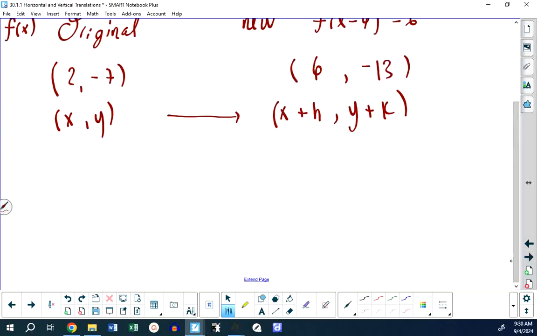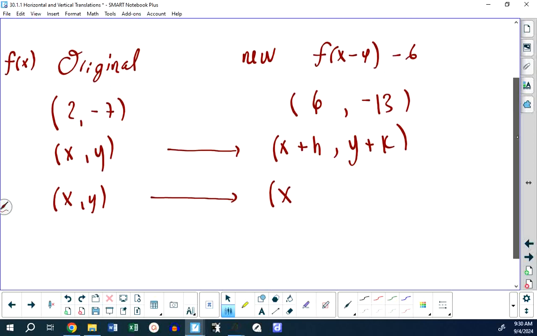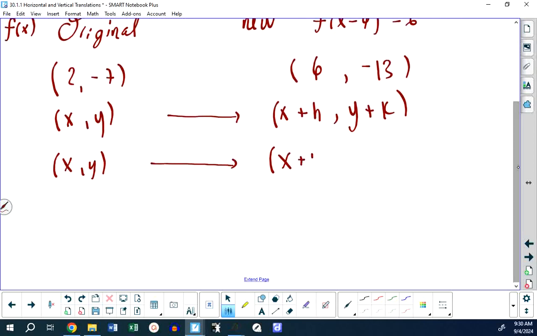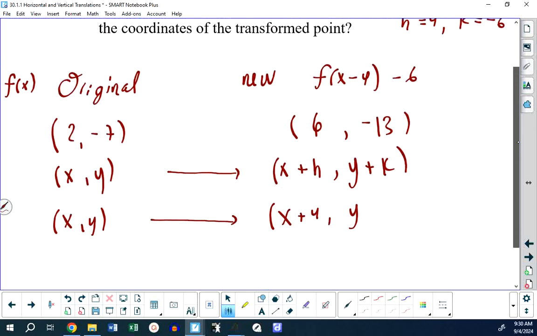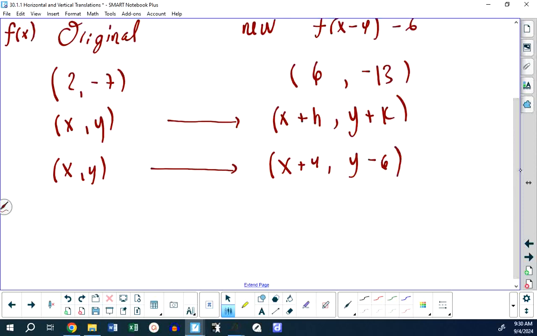So the mapping is that x comma y maps to x plus h. Well, h is 4, so I'm just going to write plus 4, comma y plus k, which is negative 6, so I can write minus 6.